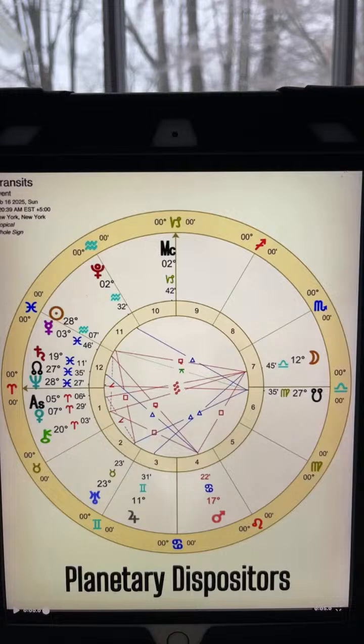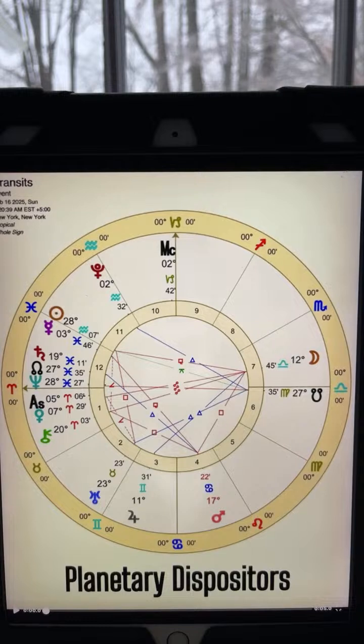And when Jupiter is the dispositor of Mercury, it can be a little confusing, a little overwhelming. It can be harder to grab on to our thoughts and ideas because it's so expansive and moving in a freer way.